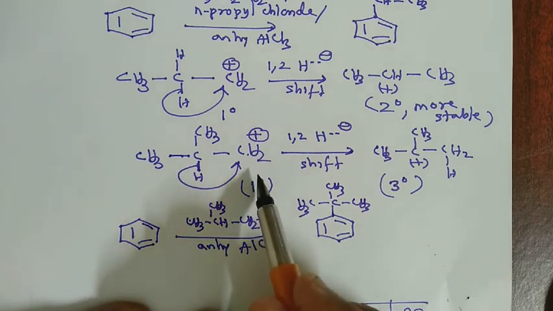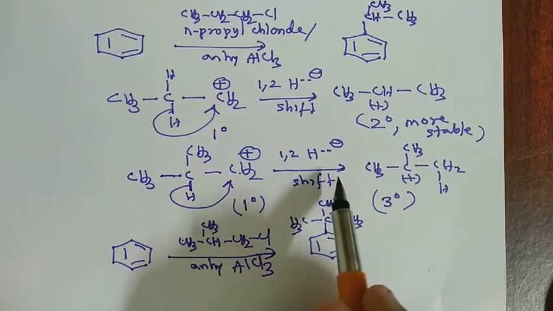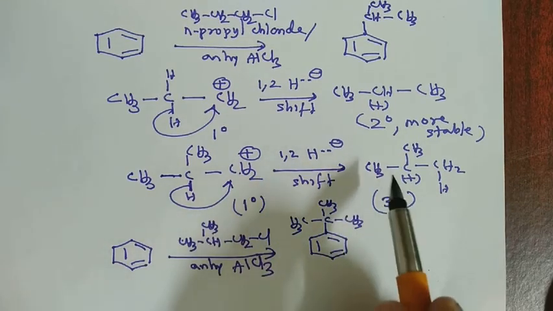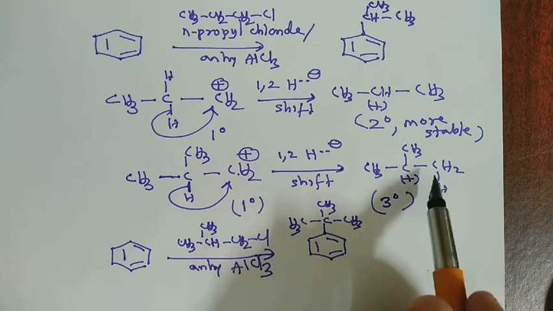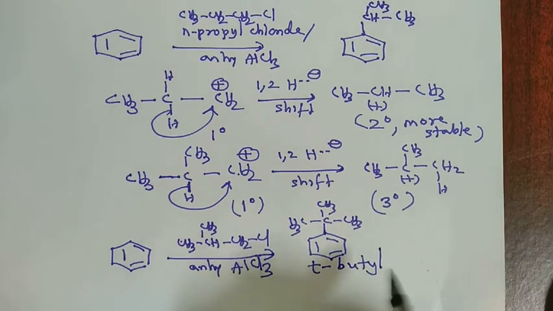The isobutyl carbocation then undergoes a rearrangement through 1,2-hydride shift, and tertiary butyl carbocation is formed. This tertiary butyl carbocation interacts with the benzene ring to form sigma complex, which ultimately leads to the formation of tertiary butyl benzene.